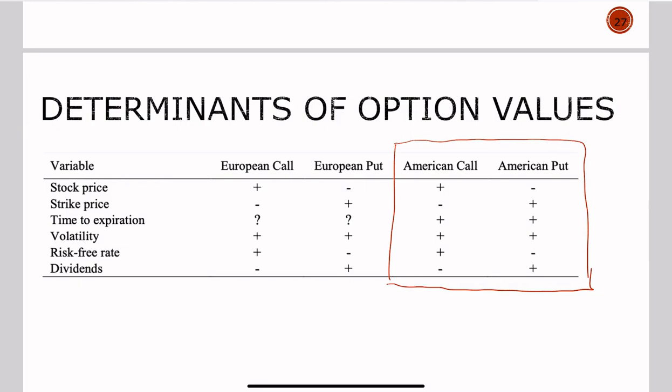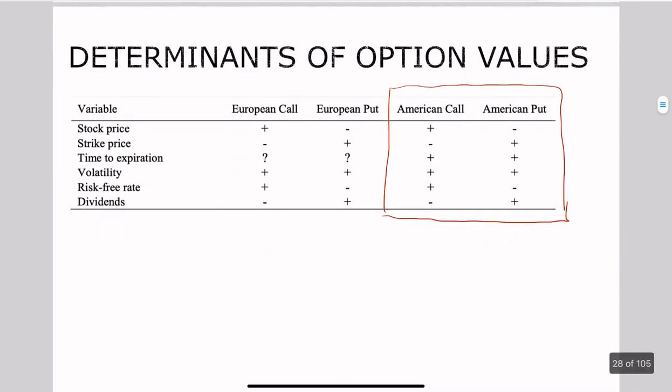Now, think about this. If you have a call, right? If the market price of this stock increases, how should the value of your call change? It should increase, right? Why? Now think about this. If you have a call, its intrinsic value is given by what?